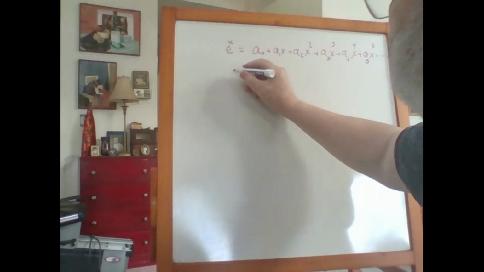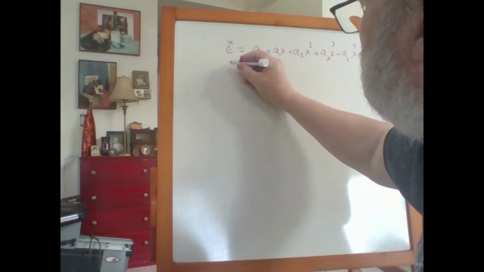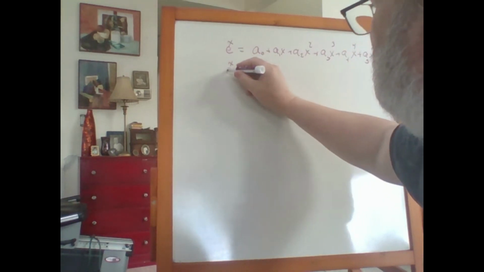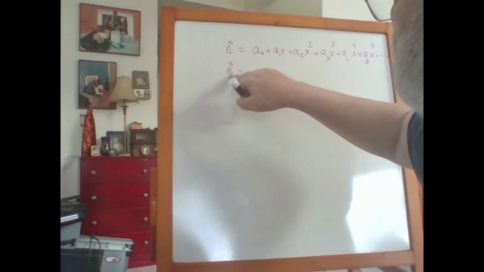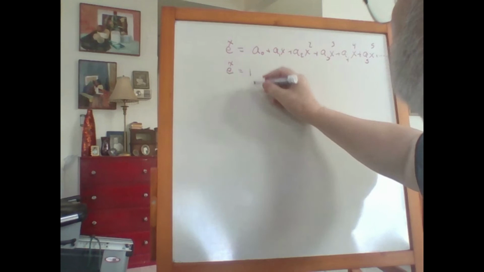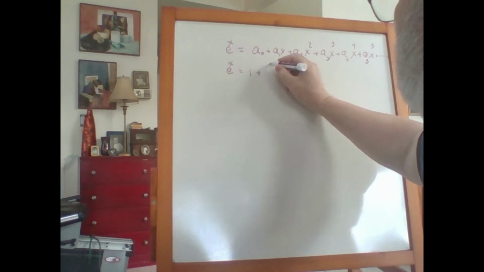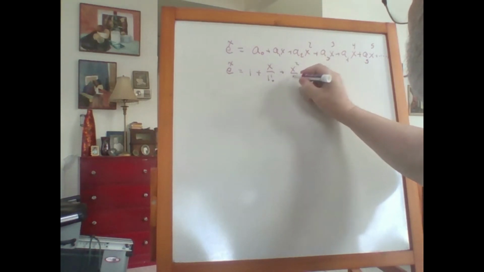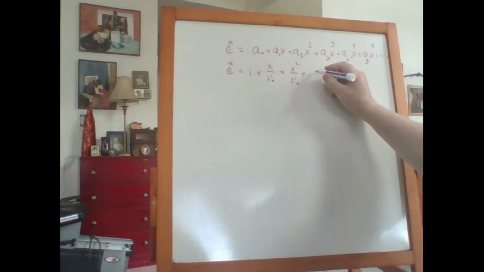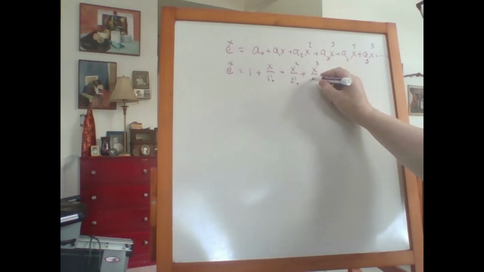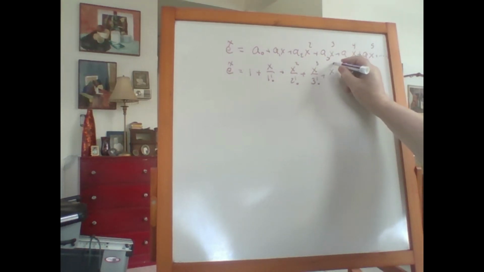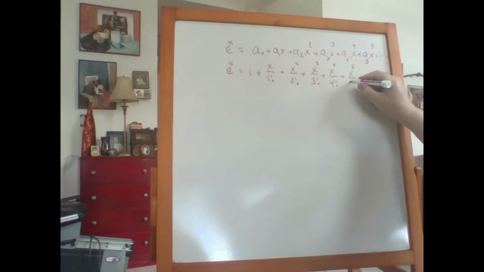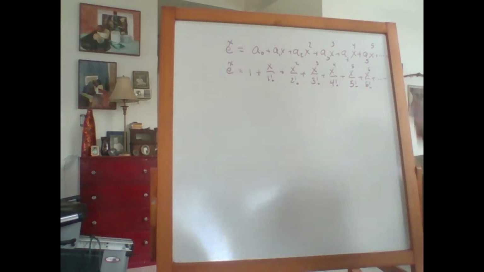So e to the x is going to be, let's rewrite that, e to the x equals 1 plus x over 1 factorial plus x squared over 2 factorial plus, they're all positive, x to the third over 3 factorial plus x to the fourth over 4 factorial plus x to the 5 over 5 factorial plus x to the 6 over 6 factorial plus forever.